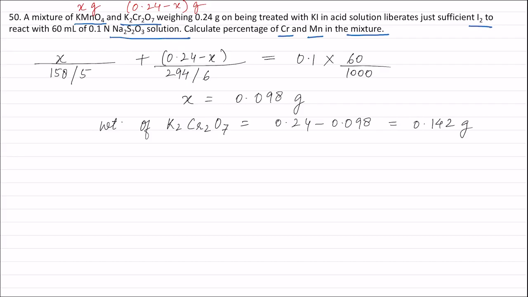Now percentage of manganese in the mixture will be equal to, the molecular weight of KMnO4 is 158 and one molecule of KMnO4 contains only one atom of manganese.